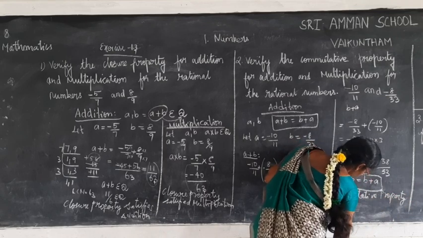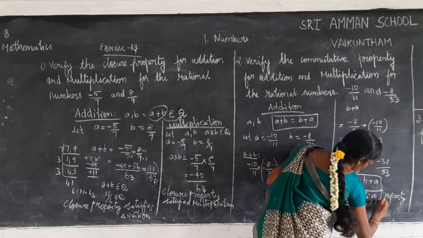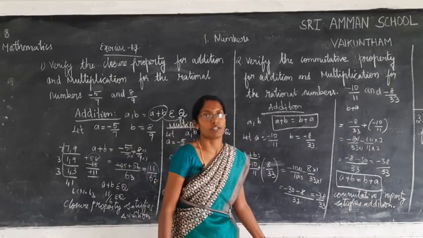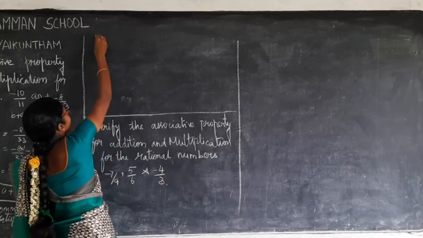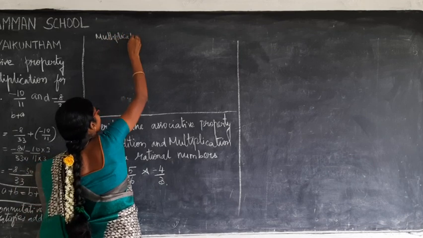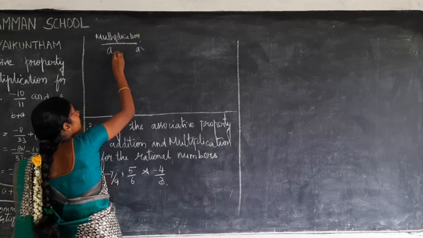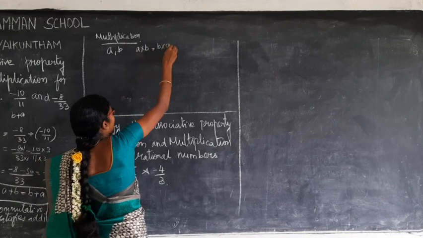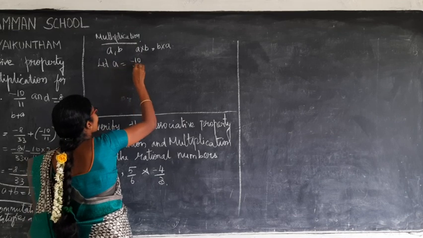Satisfies addition. Clear? Next we will prove multiplication. Next one, multiplication. So what is the commutative property for multiplication? For any two rational numbers a, b, a into b equal to b into a. Let a, what is given a? Minus 10 by 11.